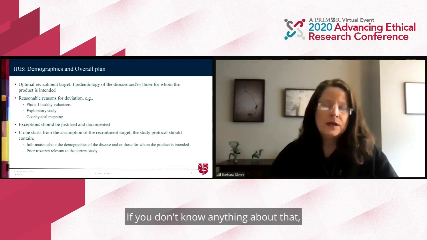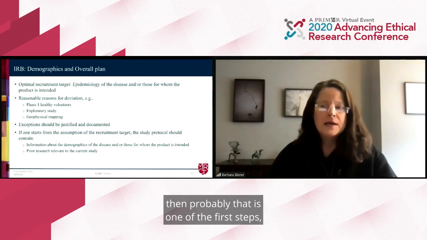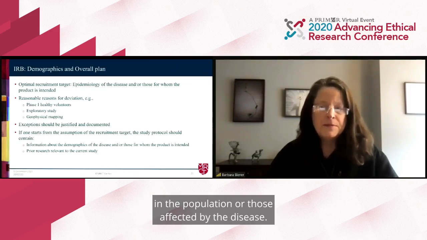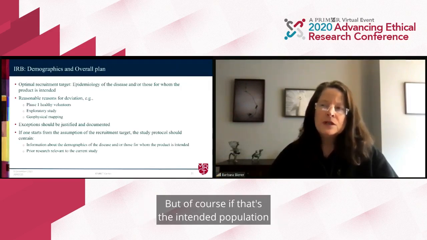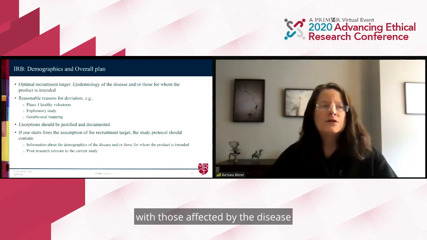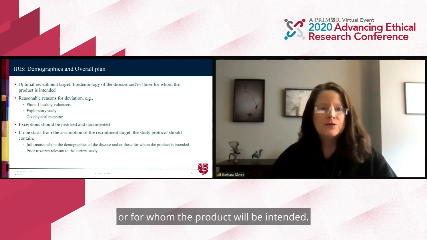If you don't know anything about that, then probably that is one of the first steps, but also one should then parallel the general distribution in the population or those affected by the disease. But of course, if that's the intended population of a clinical trial, there are many instances where one wouldn't want to start with those affected by the disease or for whom the product will be intended.